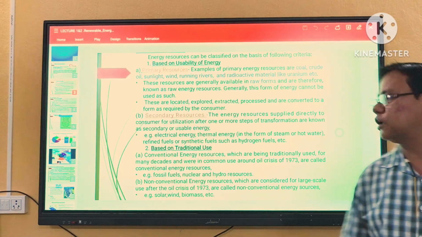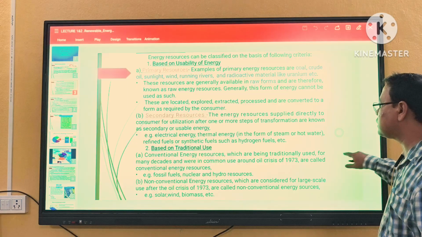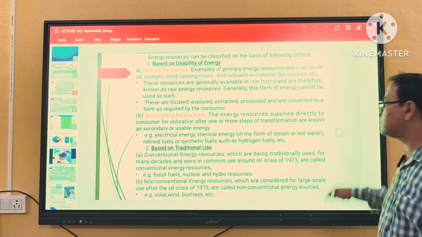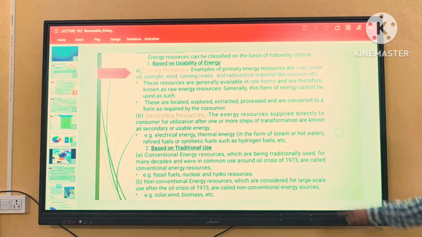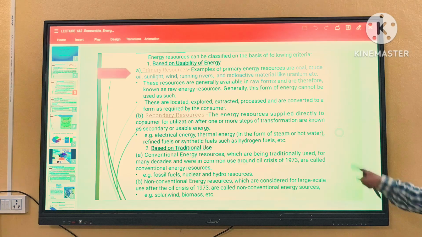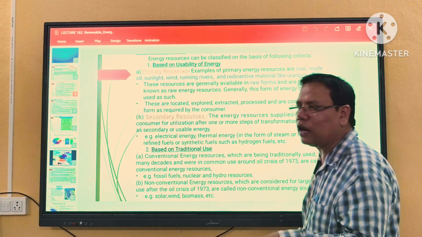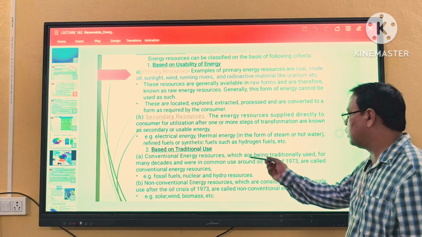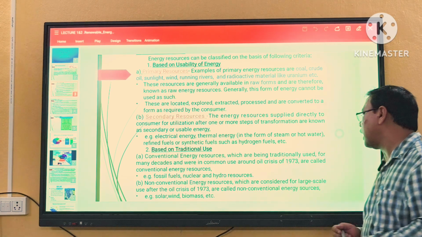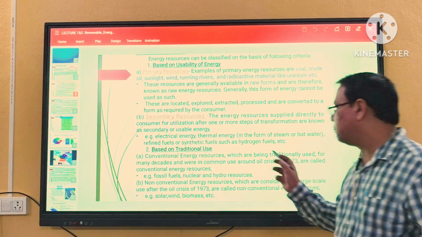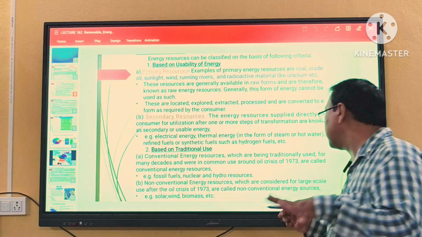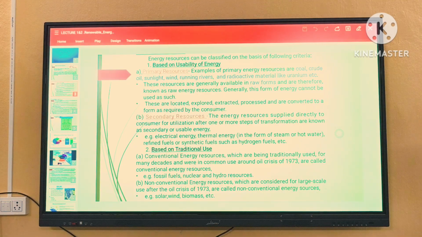Again, based on traditional use, the energy resources can be of two types: conventional energy resources and non-conventional energy resources. Conventional resources are those traditionally used, in common use around the oil crisis near the year 1973, and are called conventional energy sources.